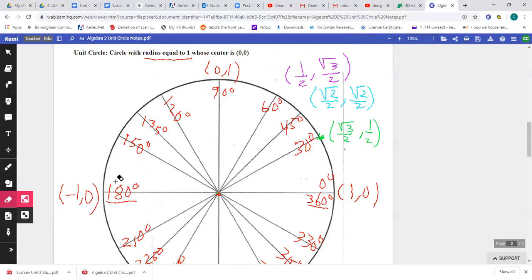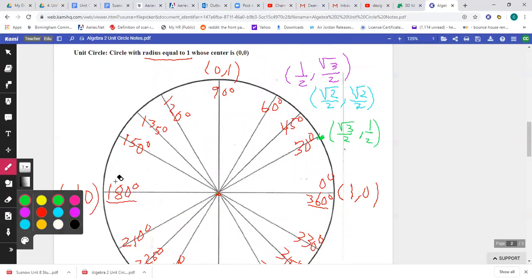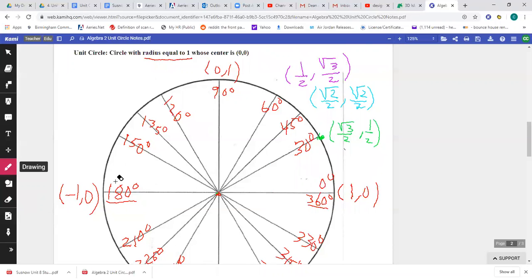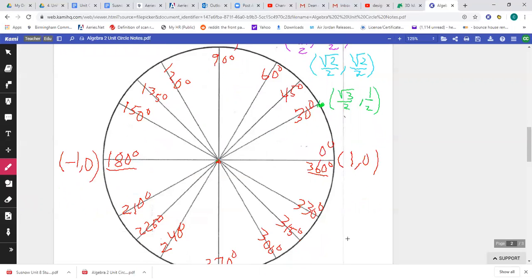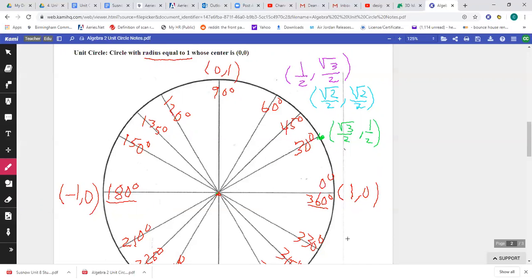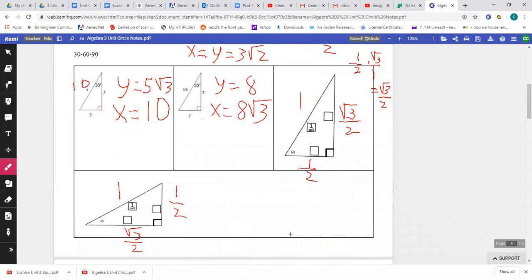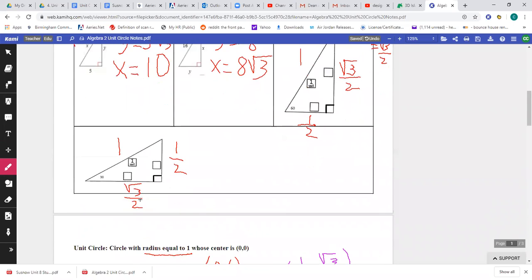Okay, so what we need to finish now is see how I found coordinates for these? I'm going to find coordinates for the rest of them. But I want you guys to look what I did here. So remember what I did here with the 30-degree angle? If this was 30, right? I know, going back here, that the x is √3/2 and the y is 1/2.